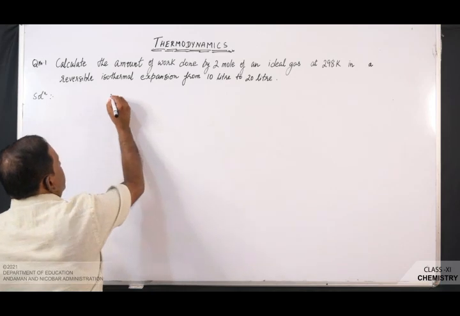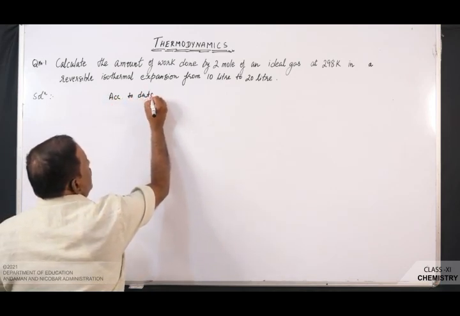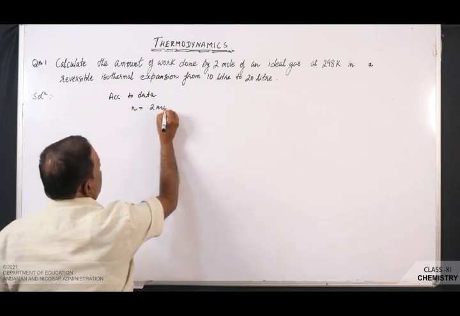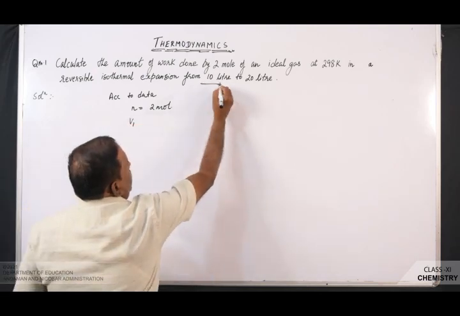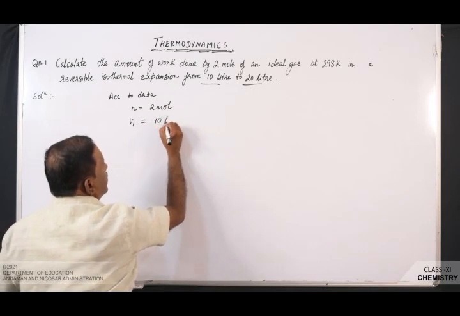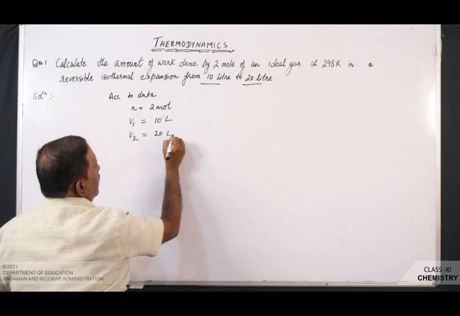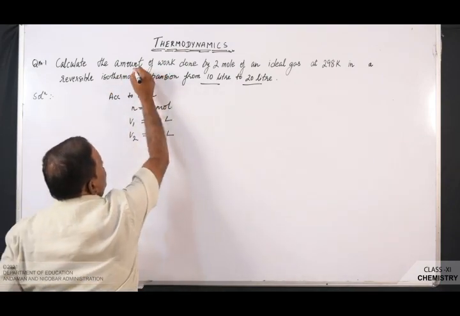So, according to the data given, n is 2 mole and V1, that is the volume, is 10 liter, and then V2 is 20 liter, okay, and we have to calculate the amount of work done.